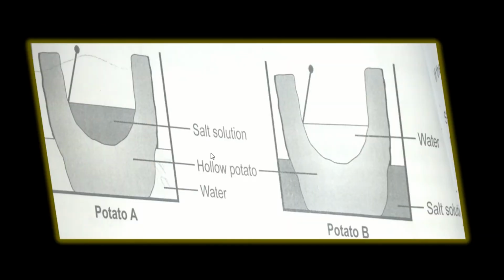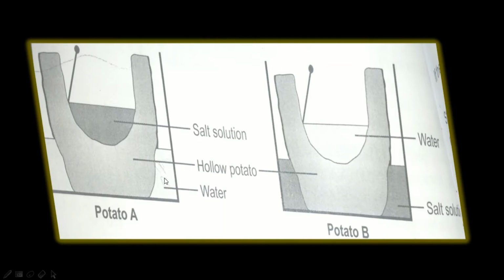So what we have here is our potato. This is our beaker number 1, and this is our beaker number 2, or rather B. Beaker A contains our first potato, potato A. What are we finding in our beaker? We have pure water, or rather tap water.